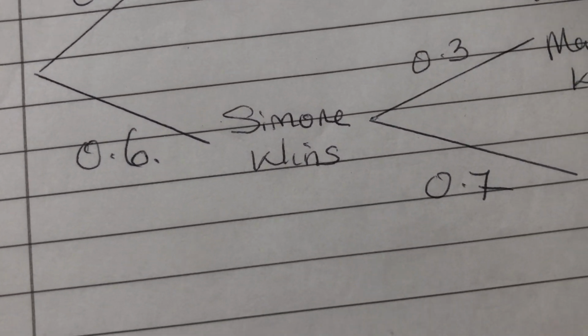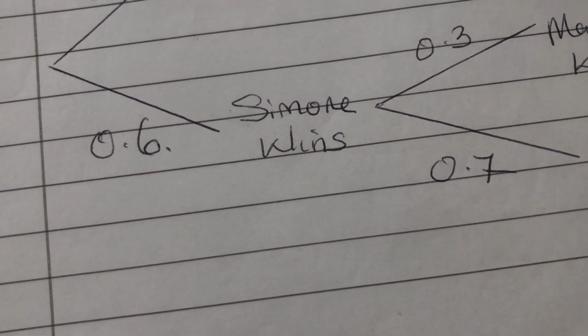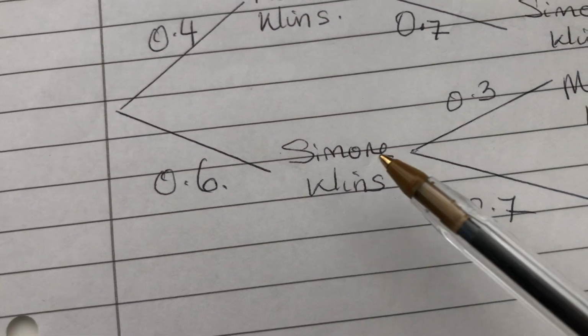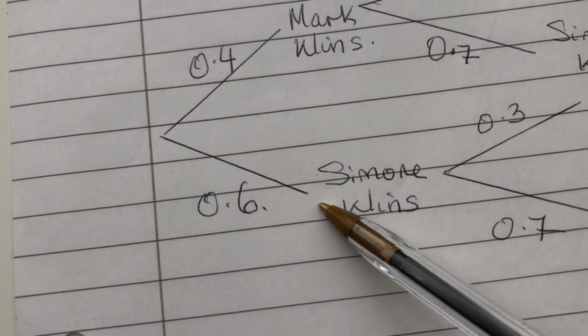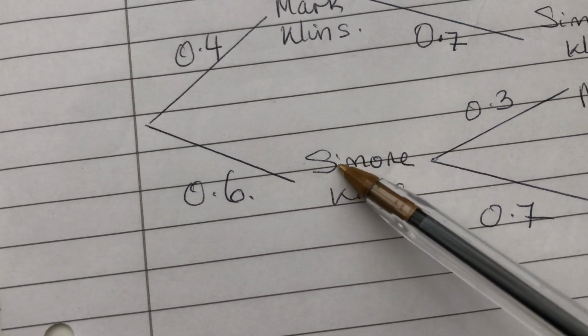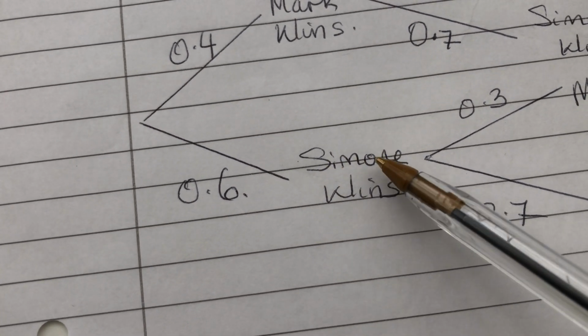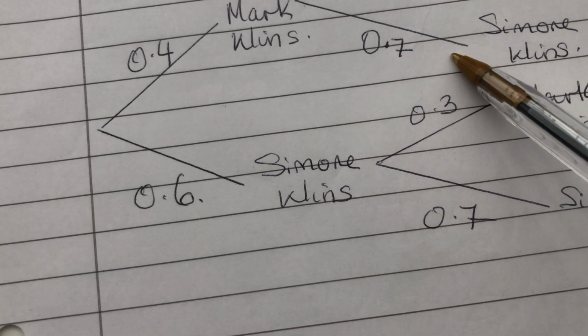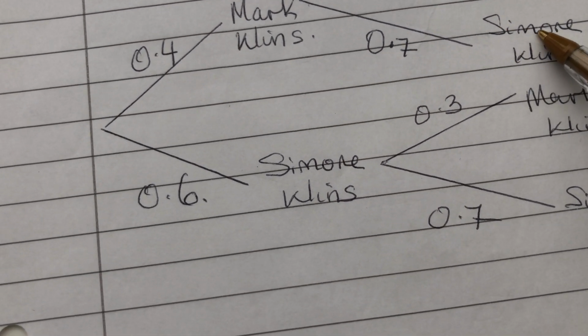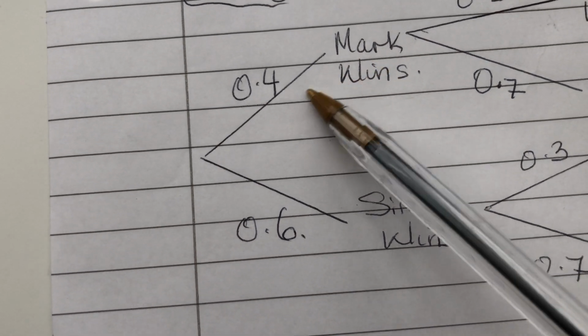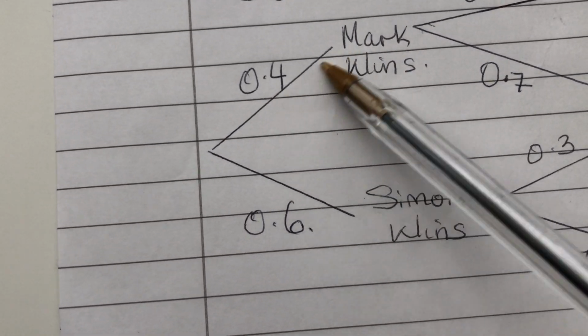And then the probability that Simone loses the race and wins, that's what we're testing. So she loses the race, and this is the only chance she will lose the race, when Mark wins.